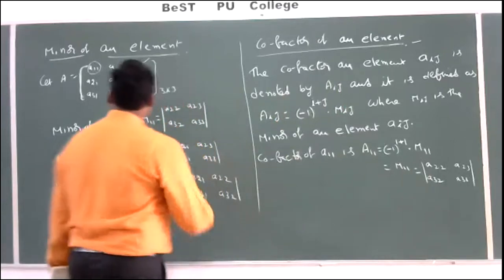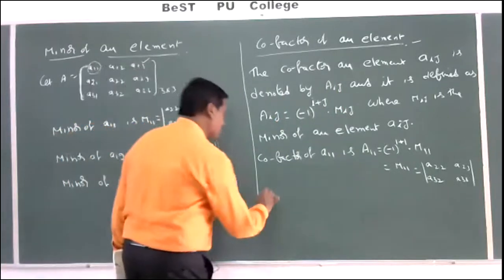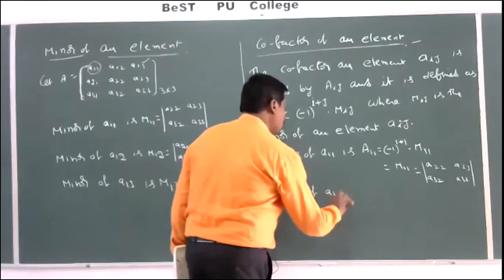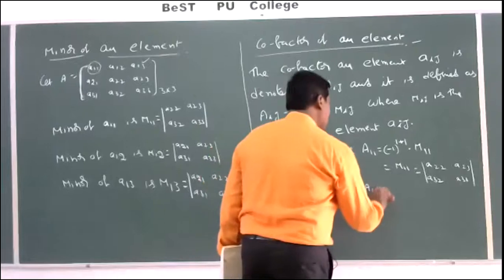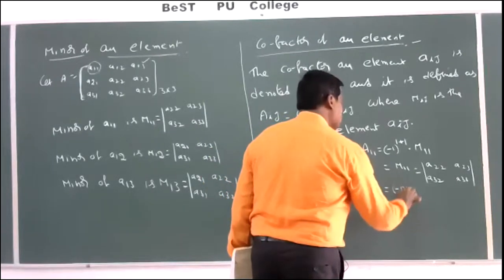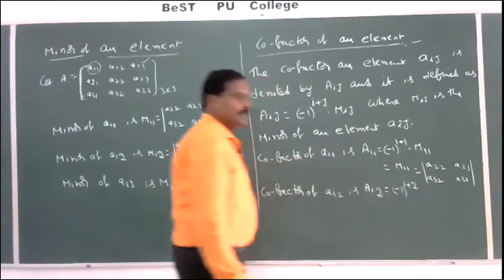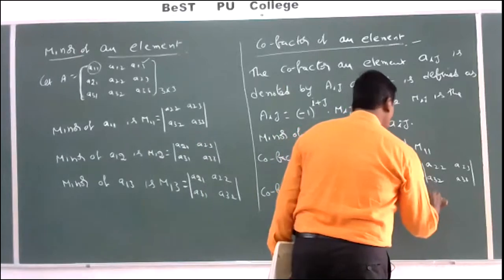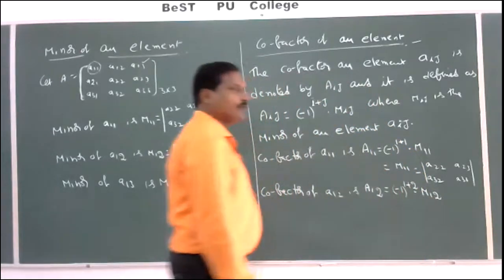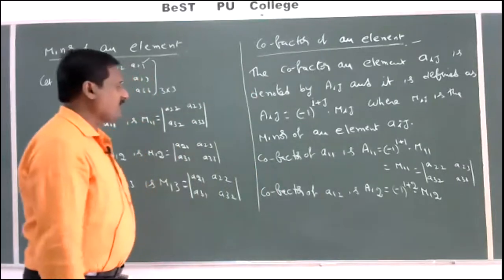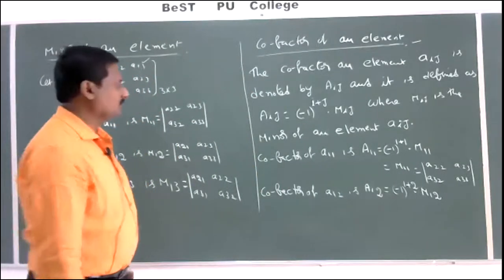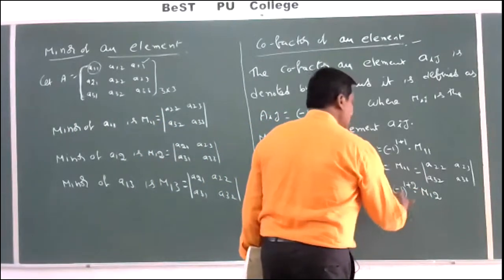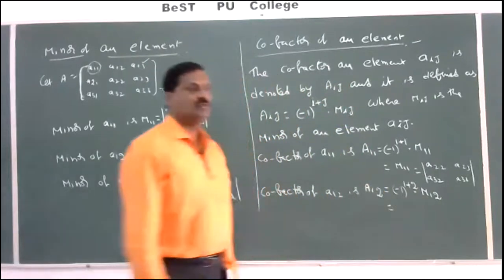In the same way, if you consider the second element, the cofactor of A12 is capital A12. This is equal to minus 1 whole power 1 plus 2 into M12. Here minus 1 whole power 1 plus 2 means minus 1 whole cube.